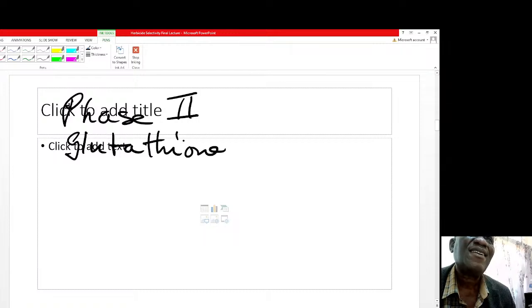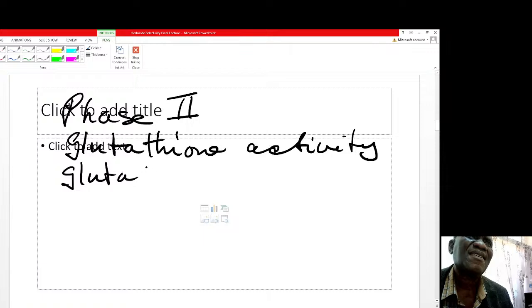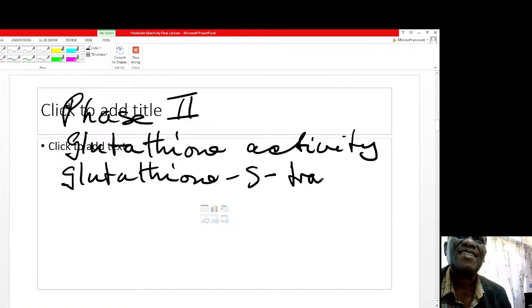We also have glutathione S-transferase, or just GST enzyme.